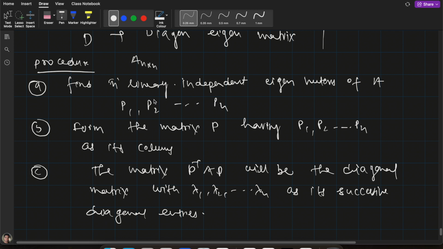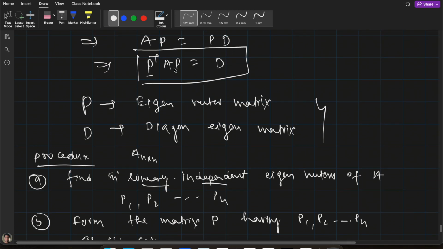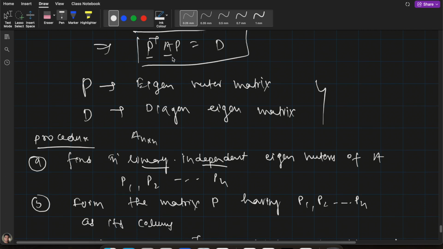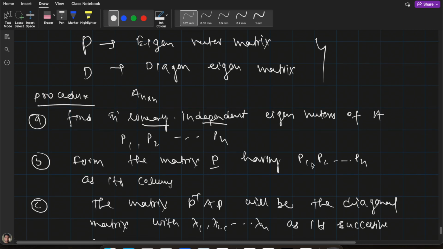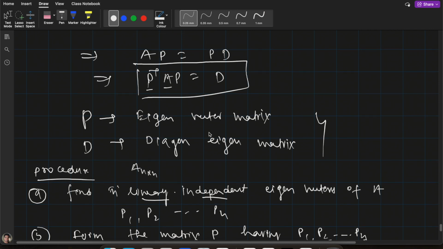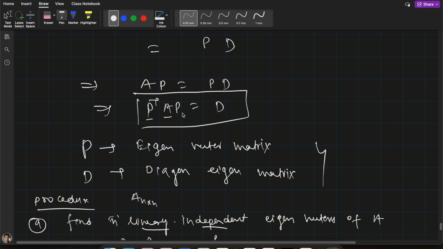First tell me why it should be linearly independent. Which means, what is the procedure? If you want to diagonalize the matrix A, first you have to find the eigenvalues of A, then the eigenvectors of A. After forming the matrix P with all eigenvectors as its columns, take the inverse, then multiply A, then multiply P, and you will get a diagonal matrix.